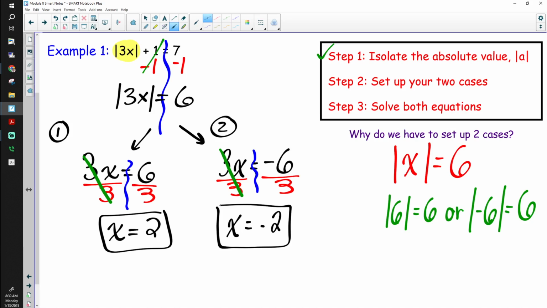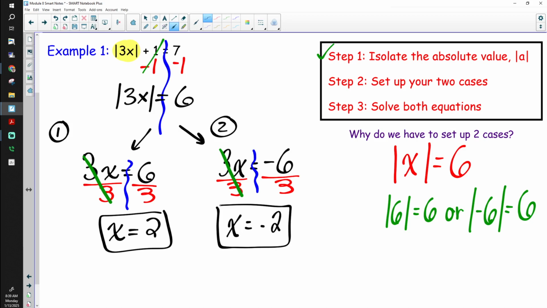And 6 plus 1 is 7. Both work. That's why we need to do 2 separate equations. There are 2 solutions. So this is exactly the same as the warm-up. The only difference is after you get the absolute value by itself, you got to make 2 little mini equations to find both answers.